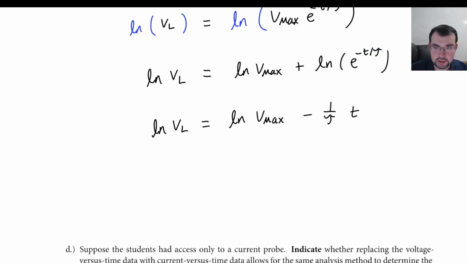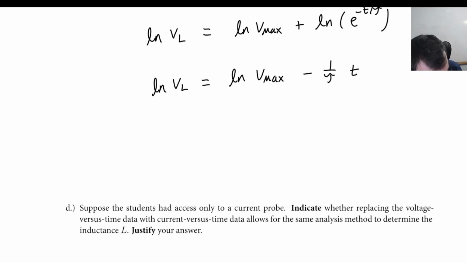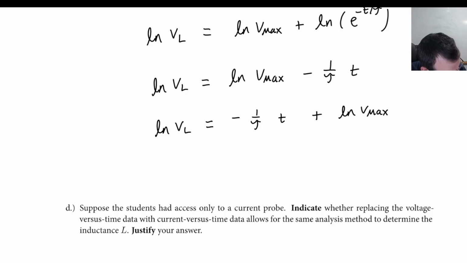To make this more readable in y equals mx plus b format, we can write this as ln of V_L is equal to negative 1 over tau times t plus natural log of V max. So now we see we have y equals some constant times x plus another constant. So ln V max is the y-intercept, and negative 1 over tau is the slope.